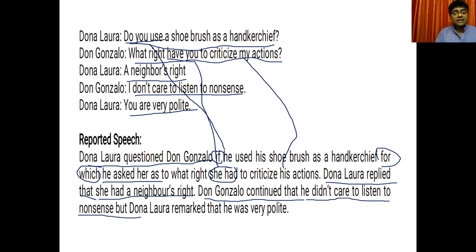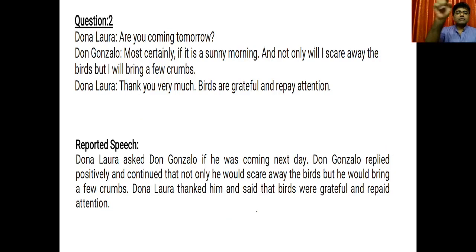So Laura remarked. You see, this reporting verb has been changed. "Said" would have been okay, but the right word would be "remarked", because this is a positive remark that Laura is commenting upon. So it has been changed into "remarked that", because it is a statement. "You are" is changed into "he was". Who? Gonzalo. Very polite.